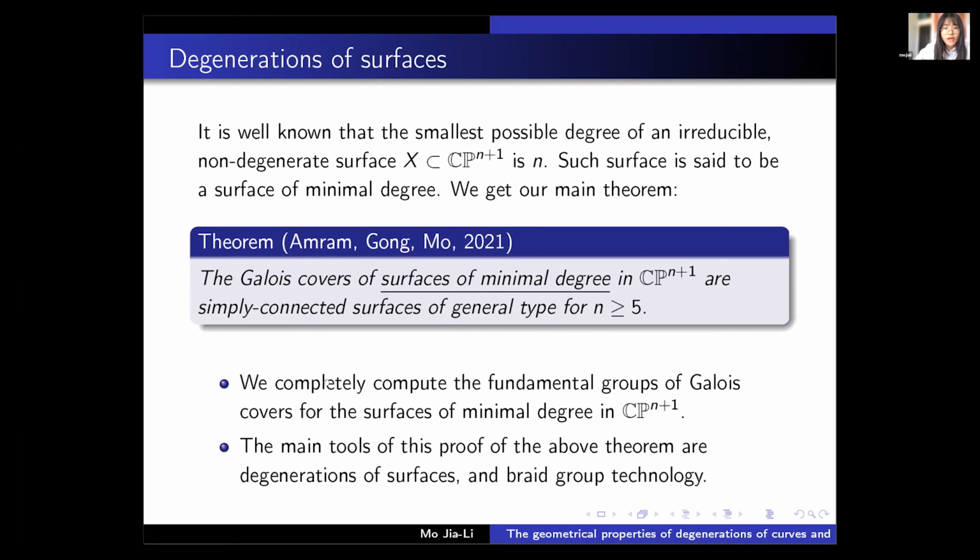Next, we completely compute the fundamental groups of Gauss curves for the surfaces of minimal degree in CP^(n+1). The main tools of the proof of the above theorem are degenerations and Braid group technology. This Braid group technology is very important in our proof.